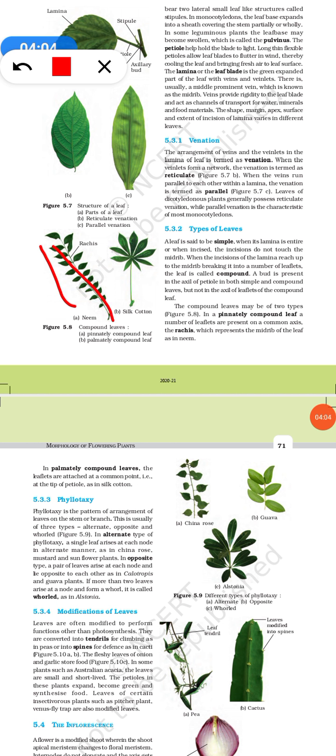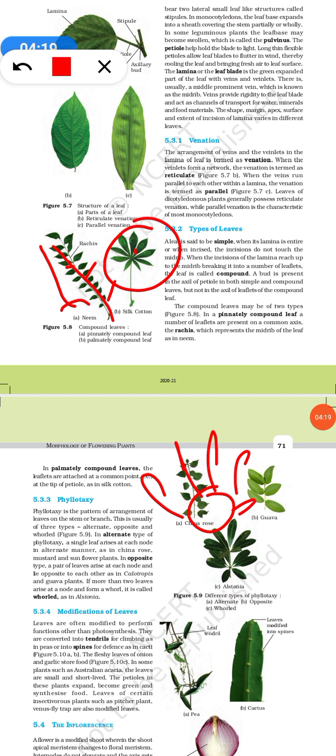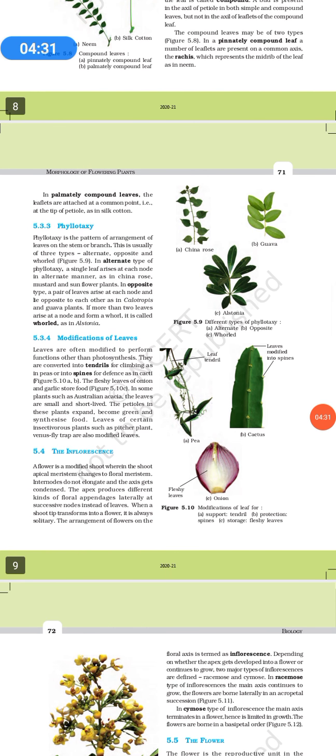This is the axis and the leaflets are present. And if all the leaflets are attached to a single point, then it is known as palmately, just like our palm. In a palm you have all five fingers attached to the same palm. So you can remember, palmately means attached to a single point, and the other is pinnately.